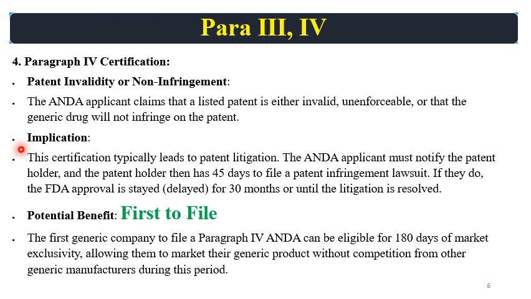Potential benefit of para 4 filing: the potential benefit is first to file or a non-infringing type of formulation. The first generic company to file the paragraph 4 ANDA can be eligible for 180 days of market exclusivity, allowing them to market their generic product without competition from other generic manufacturers during this period.